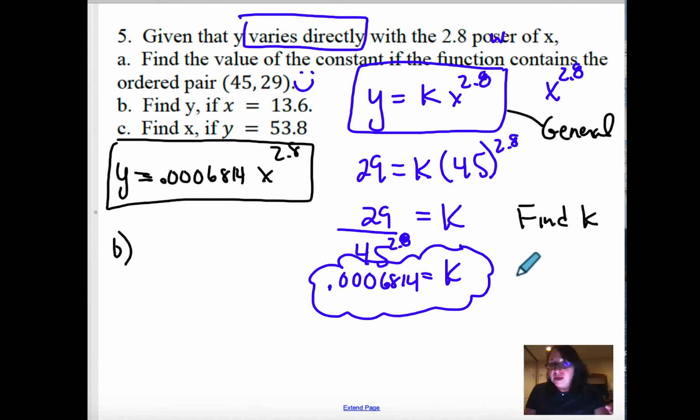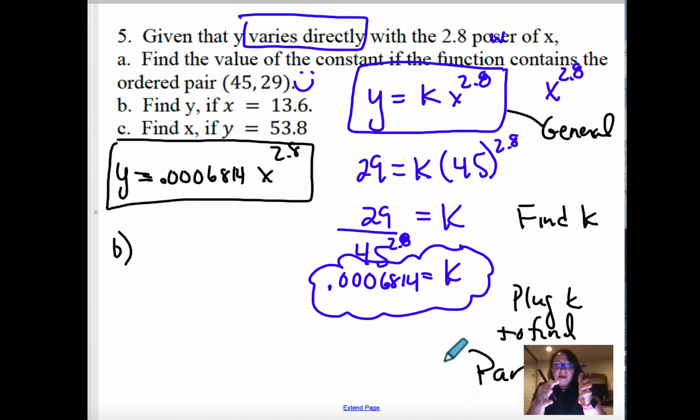Number 3, you have to know to plug in k to find the particular equation. And the particular equation is the equation that directly addresses the points that they gave you. So there's no directions here that say do these 3 things. You have to know that.